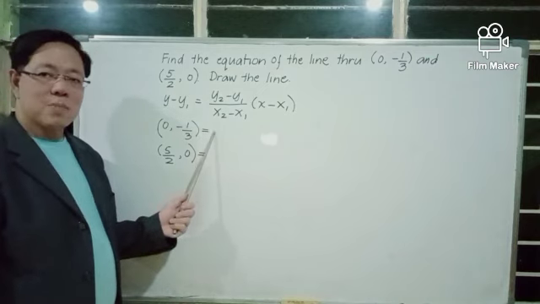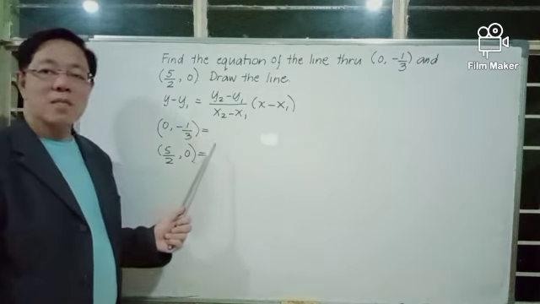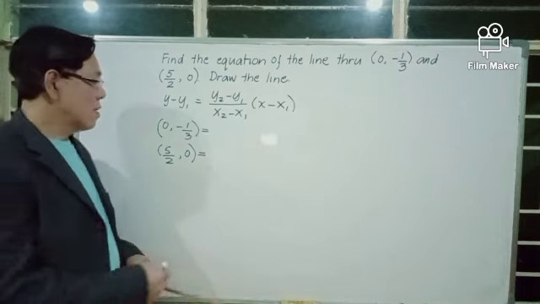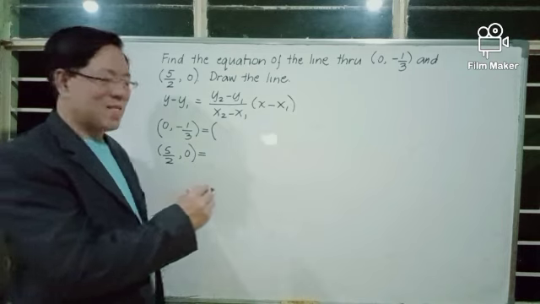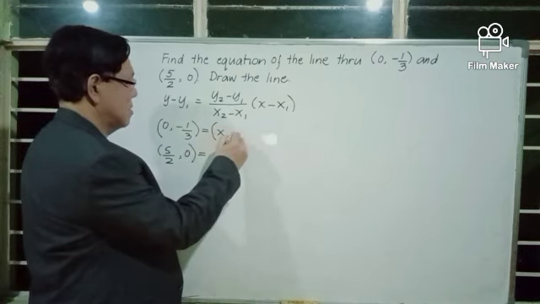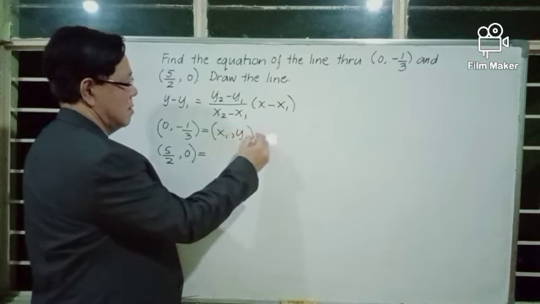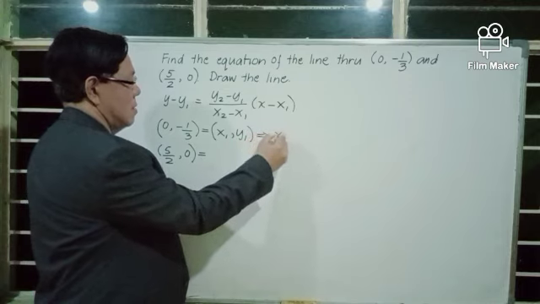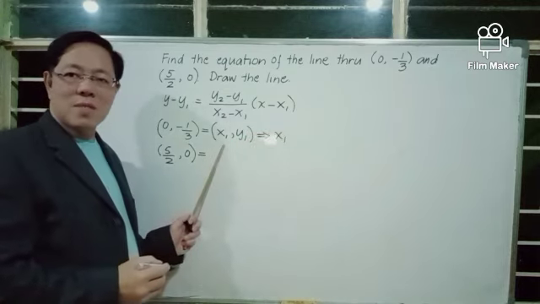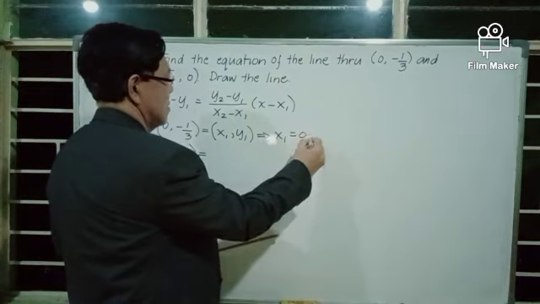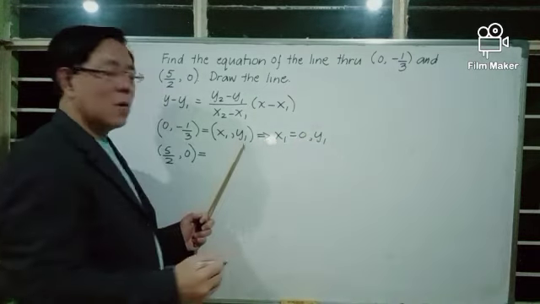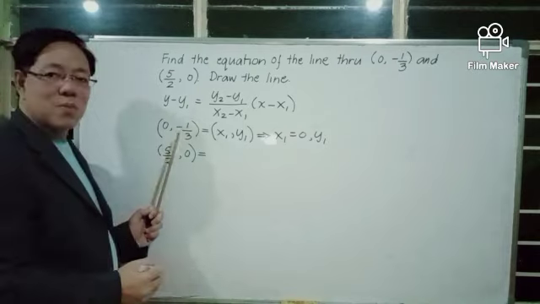I will take this point (0, negative 1/3) as the first point, with coordinates (x1, y1). This implies the abscissa x1 is 0. The ordinate y1 is negative 1/3.